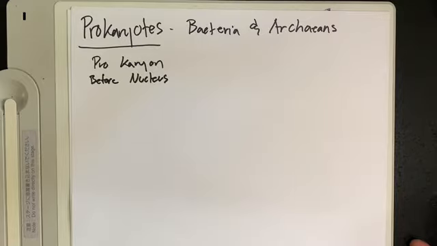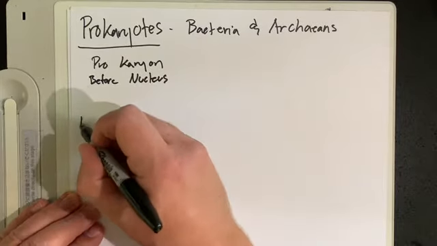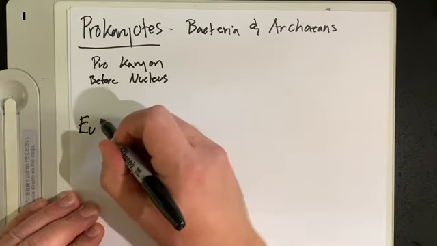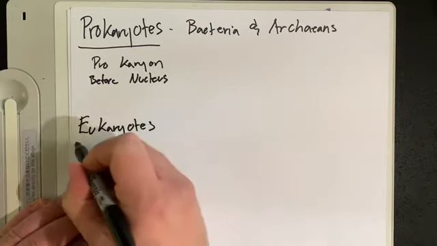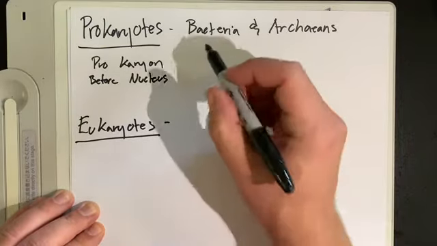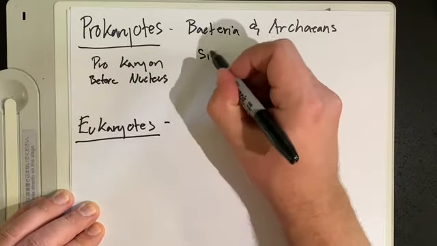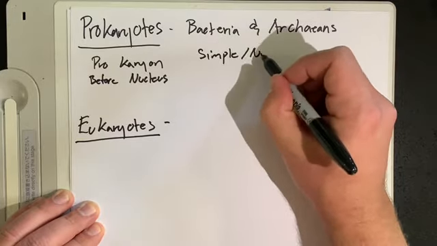And so when we think of the difference between prokaryotes and our second type of cell, which is our eukaryotes, our prokaryotes tend to be more simple. Simple, not complex.